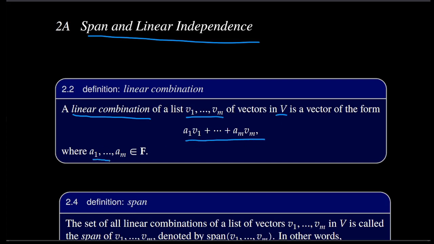So you take scalars, elements of your underlying field, and then you multiply each one of the elements of your list all the way on down, and then you add it together. This is a linear combination. All right, cool. Pretty straightforward.